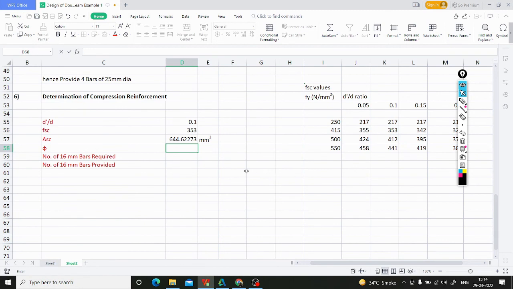Now we can assume the diameter of the compression steel, that is 16 mm. We can find the number of bars that are required. Number of bars equal to ASC divided by the area of each bar, 3.142 divided by 4 into 16 into 16.